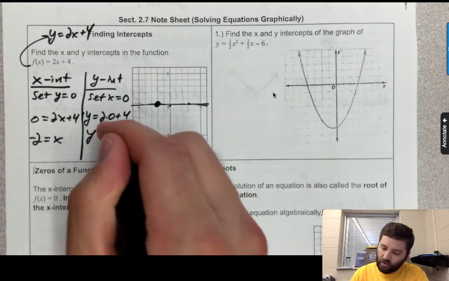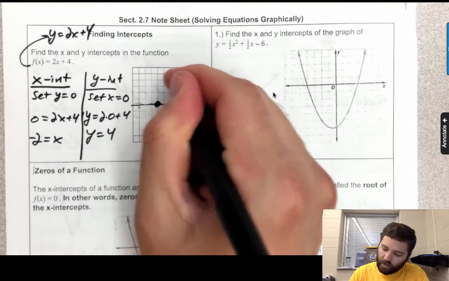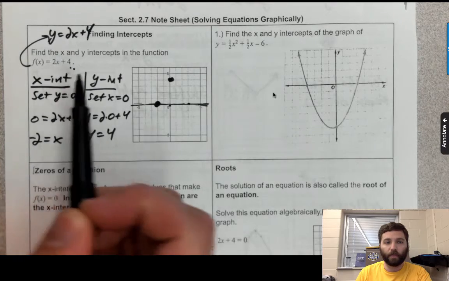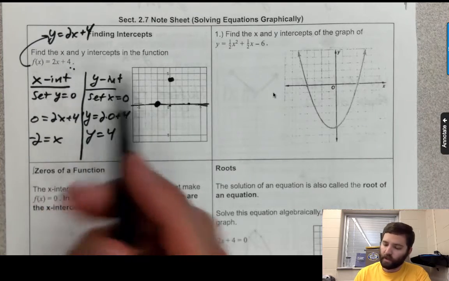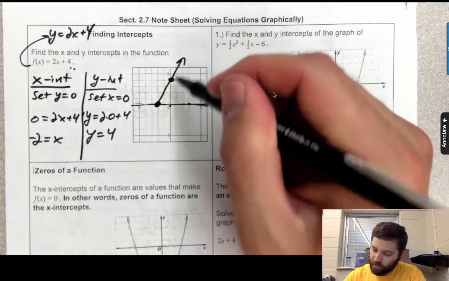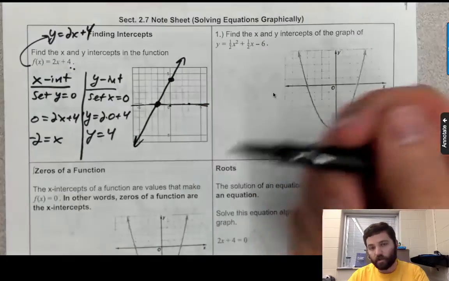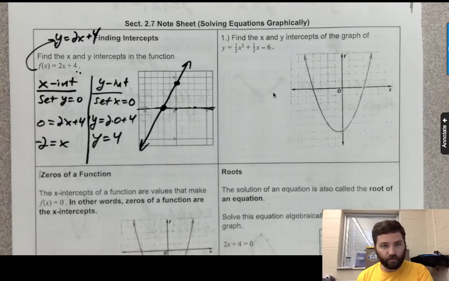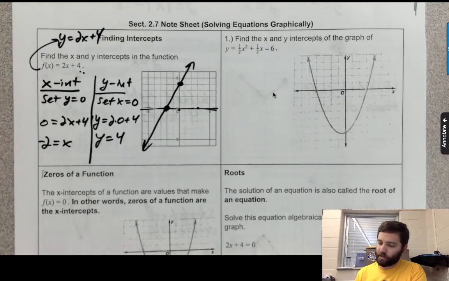That's just y equals 4, which makes sense because we always say that this is the y-intercept in a line in slope-intercept form. So there's our line and there's our intercepts. That's actually another quick way to draw a line: you can just find the x and y intercepts and then connect them. So that's how you find the x and y intercepts.